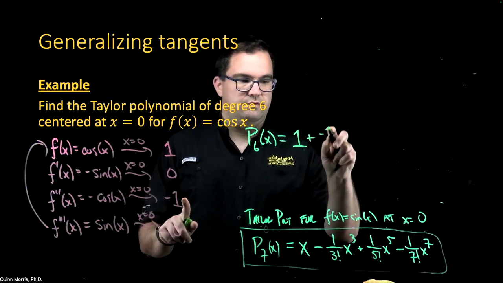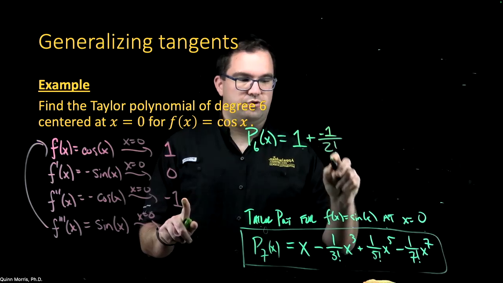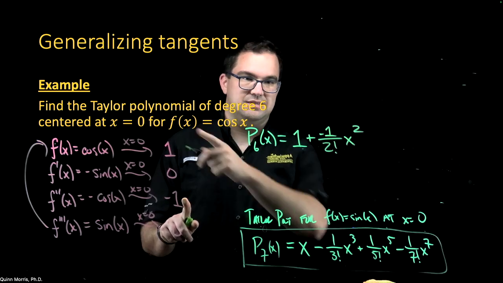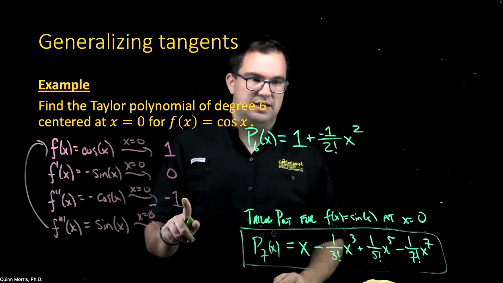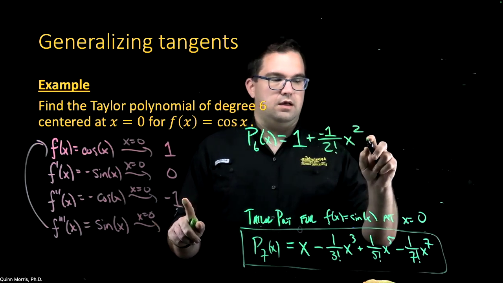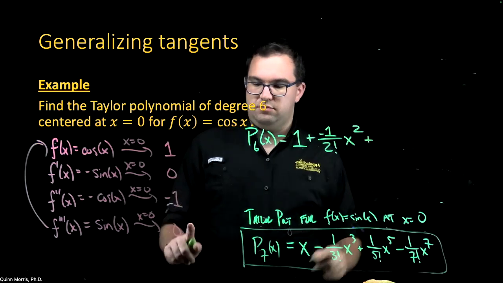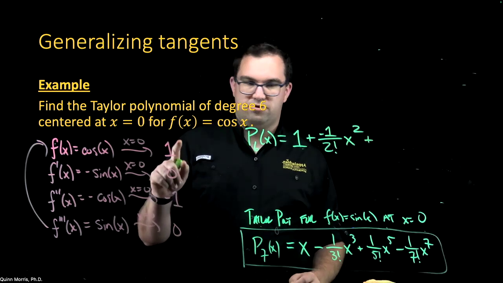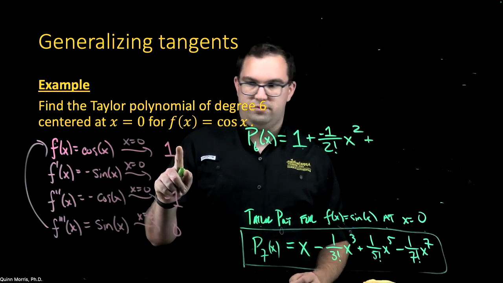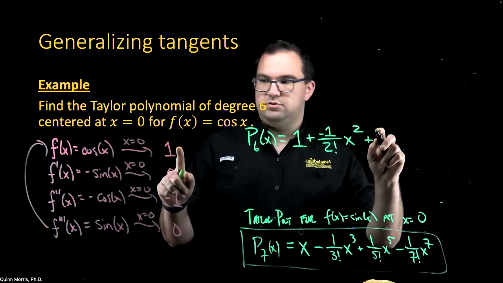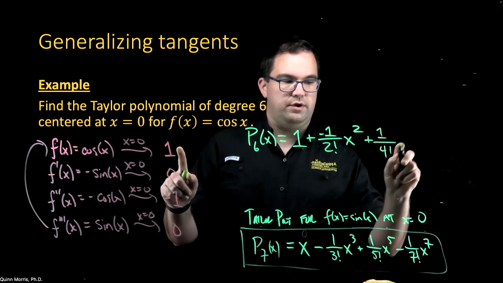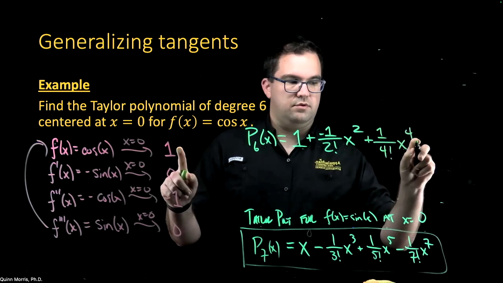Second derivative divided by 2 factorial times x minus a squared. Again, a in this case is 0, so just x squared. Plus, well, the next term's coefficient is going to be 0. So then we go to the fourth term. Okay, so this will be 1 over 4 factorial x to the fourth.